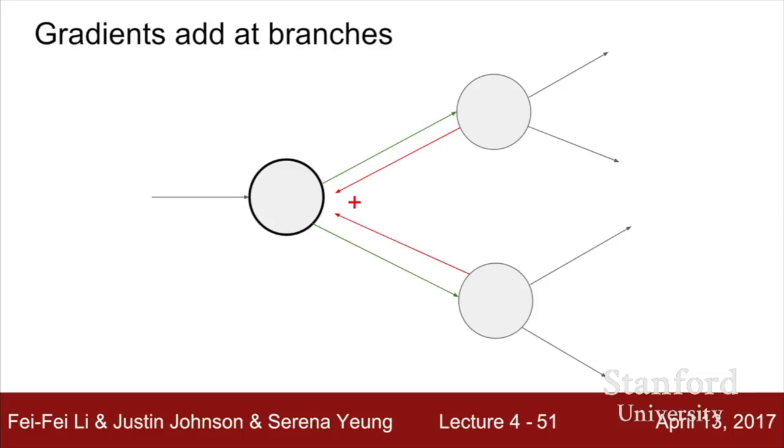You can also think about it this way: if you change this node a little bit, it's going to affect both of these connected nodes in the forward pass, when you're making your forward pass through the graph. And so when you're doing backprop, both of these gradients coming back are going to affect this node. That's why we sum these up to be the total upstream gradient flowing back into this node.